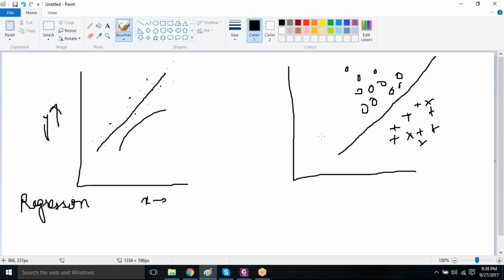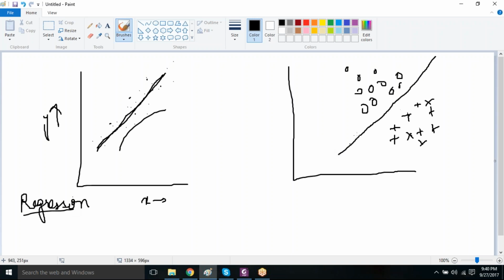So at the time when linear regression came up, people came up with logistic regression also. The idea was the same, that we have to fit a line, but the word fit is not appropriate here, because when we use fit, it means fitting over the data, and that fitting over the data is regression.